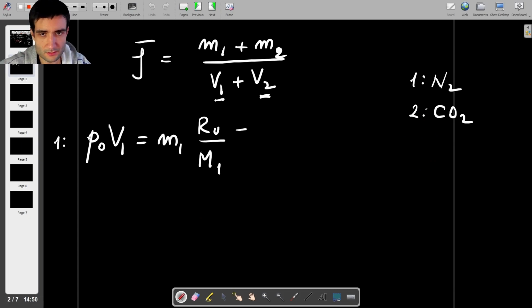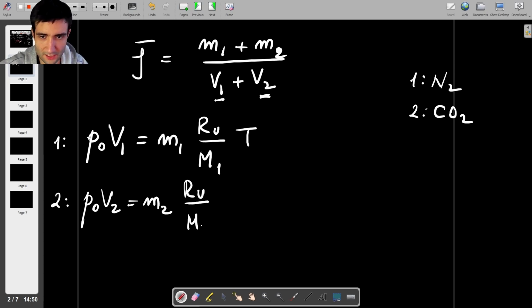For the second gas, the CO2, we have P0 V2 equals M2 times the universal gas constant over capital M2, times T.